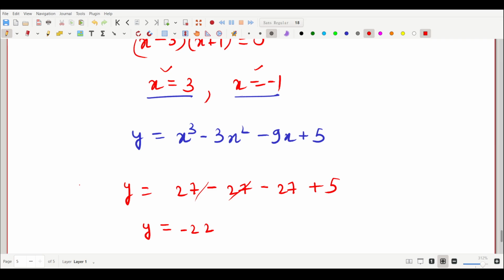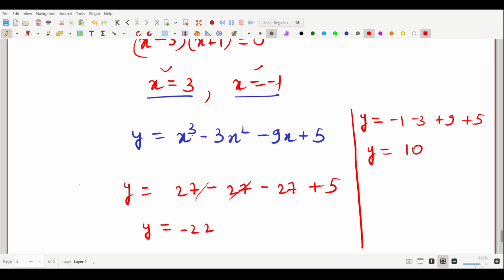Let's put x equals minus 1 here. So y equals minus 1 cube is minus 1, and then minus 3, minus 9 times minus 1 is plus 9, plus 5, and you will solve it. The value of y will be minus 4, and 9 plus 5 is 14. 14 minus 4 is 10. The value of y is 10.